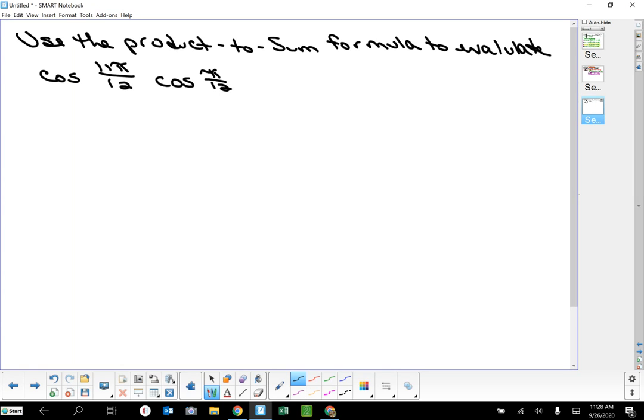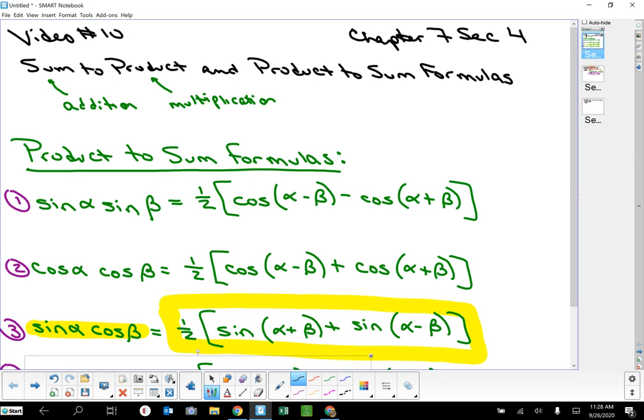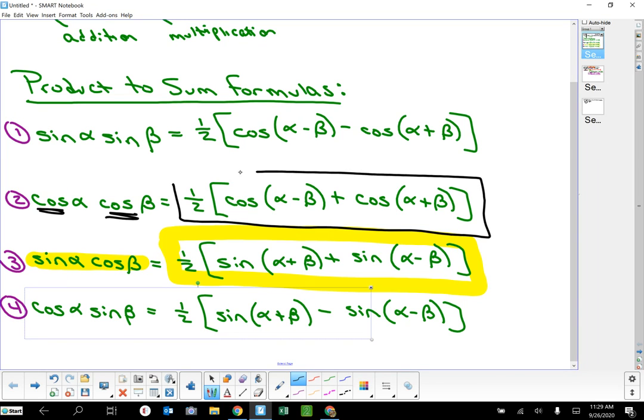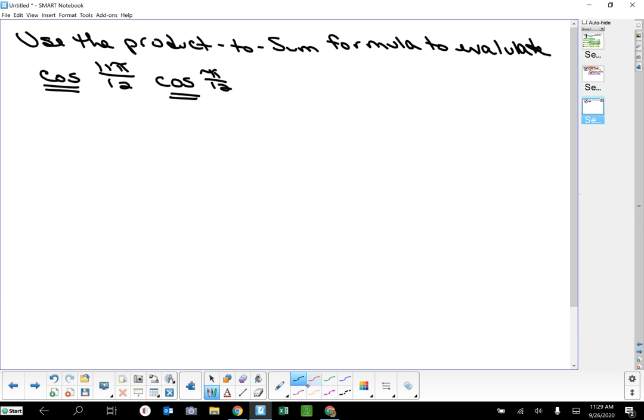All right, so notice this time we have cosine, cosine. So I'm going to flip back to that first page, cosine, cosine. And we're going to notice that we're going to want to use number 2 here. And so I'm going to start by writing down this formula.